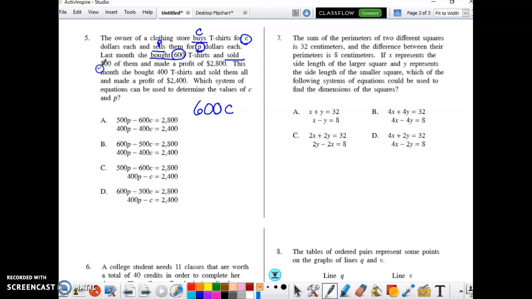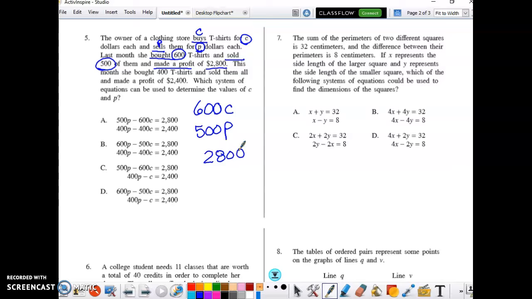So I know that sold is going to go with the P. So 500 goes with the P and made a profit of $2,800. So that's my first equation.